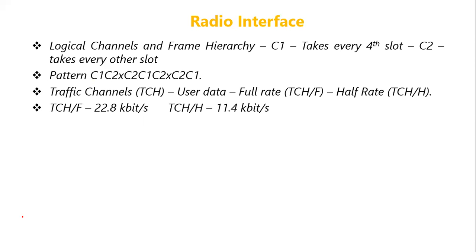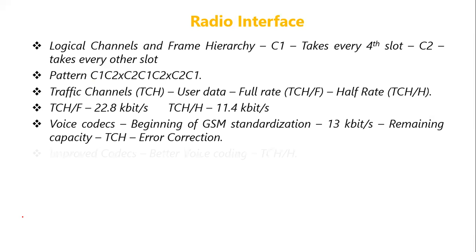With the voice codecs available with the GSM standardization, 13 kilobits per second were required, whereas the remaining capacity of the 22.8 kilobits was used for error correction. So with the support of voice codecs, the full rate traffic channel provides a data rate of 22.8 kilobits per second.